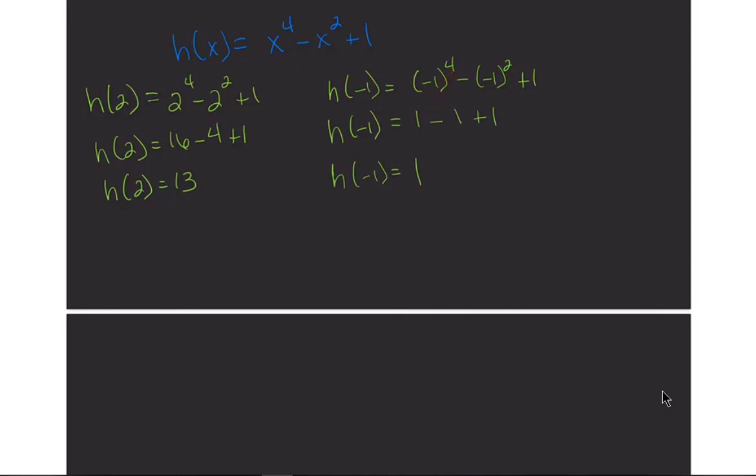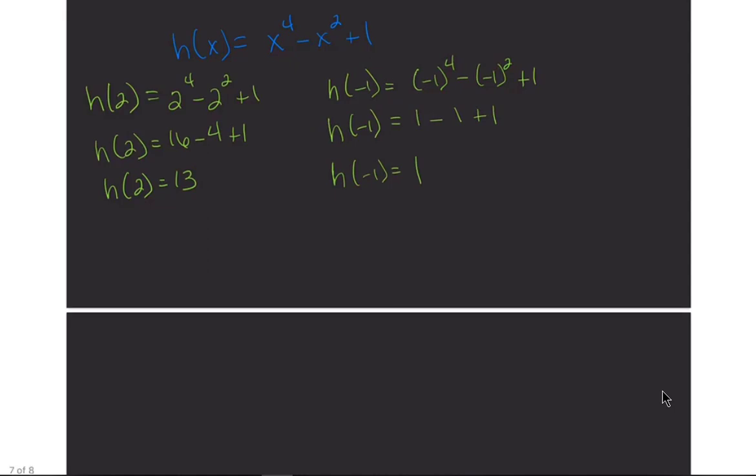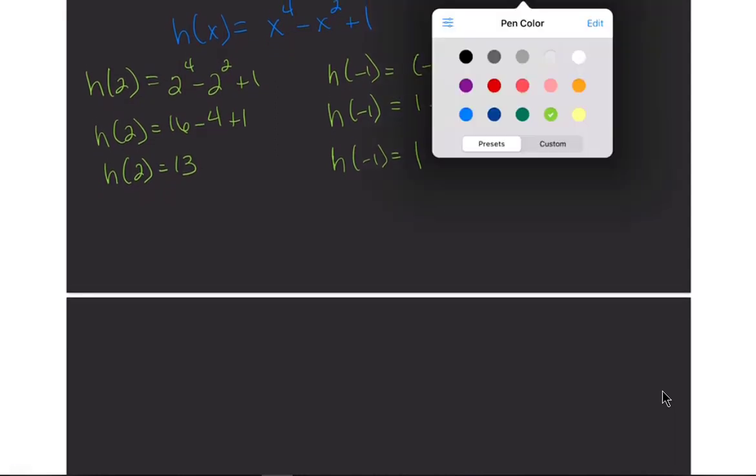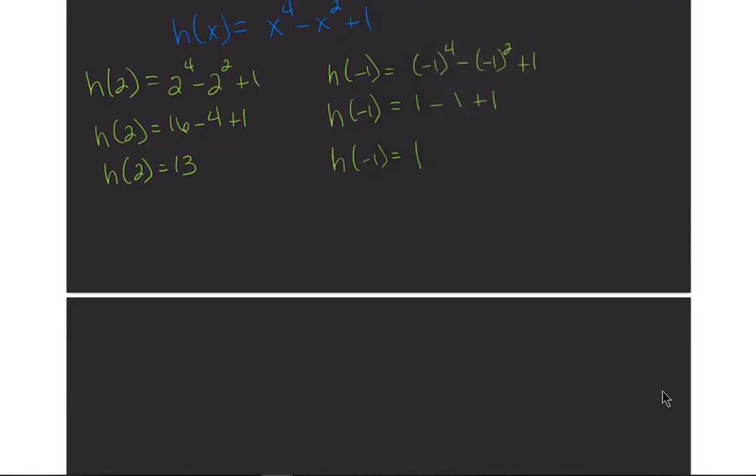Yep, good job. All right, but maybe we don't want to leave it as numbers. Maybe we want to put in variables. We could do it that way too. What if we had h of negative x? What would we do for h of negative x? We just put in negative x for our x's.